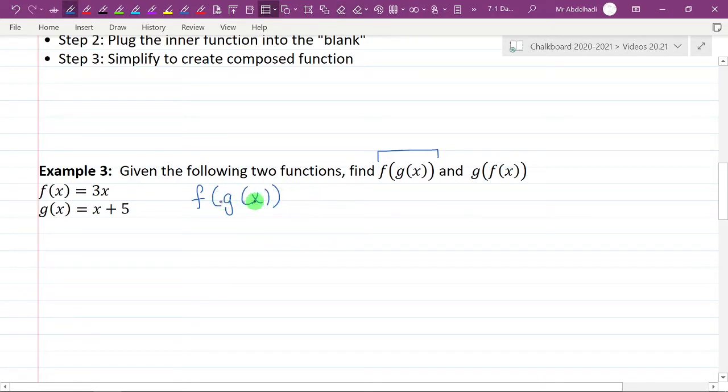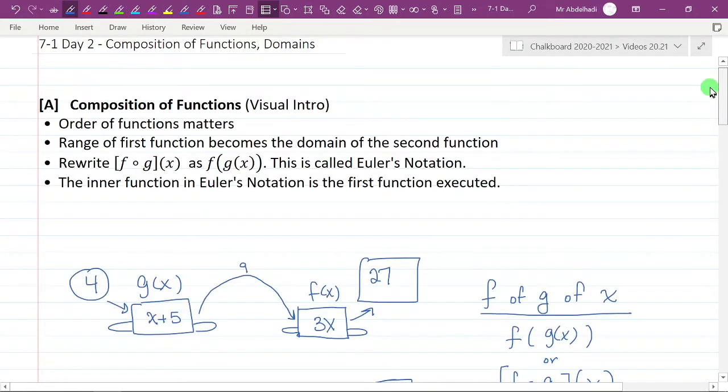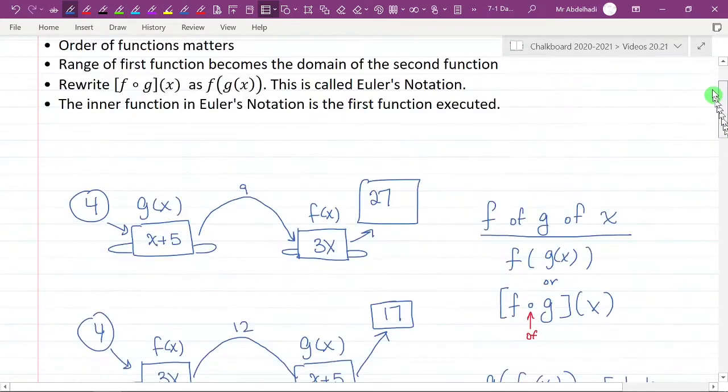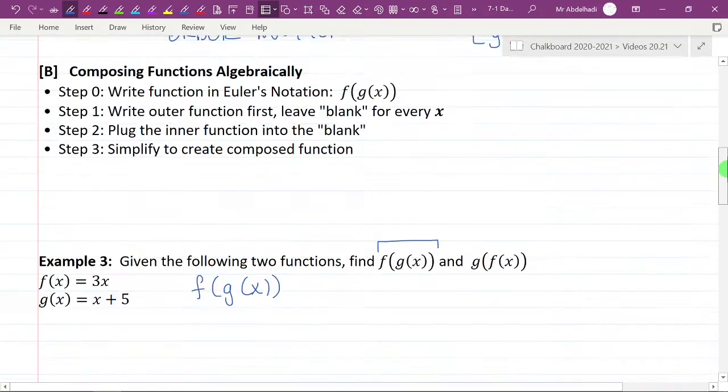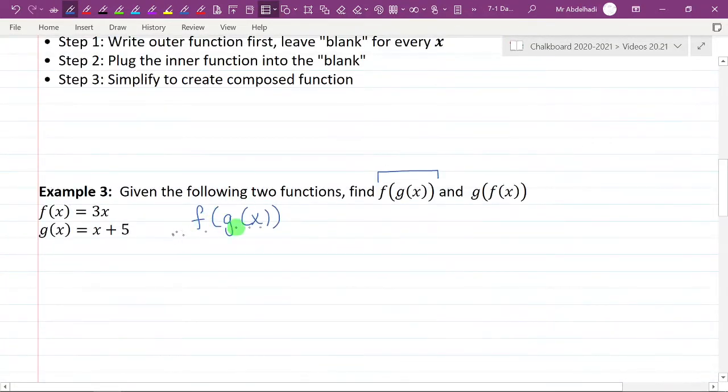And this is going to be one function that does the job of both. Okay? This is going to be the h of x I made mention of up here. I said, could we find one function called h of x that does the job of both f and g? This is going to be it right here. This is like what h of x would be. And the way this works is actually pretty simple. The reason why I like to write it in Euler's notation is for this reason.